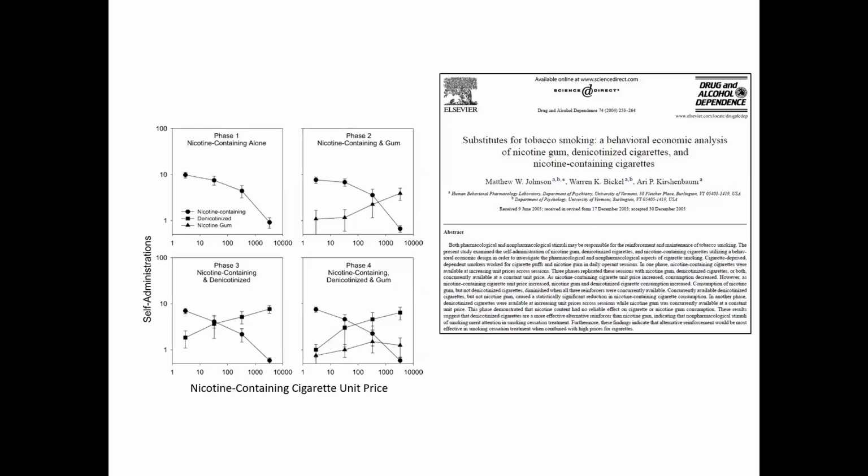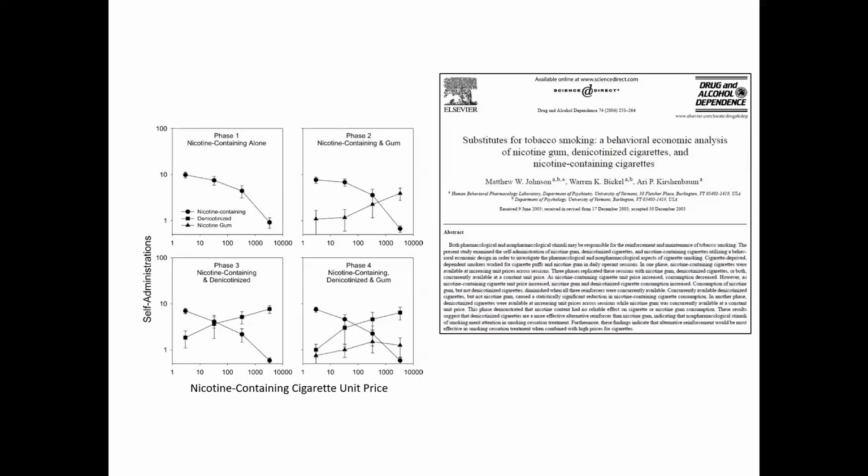regular nicotine-containing cigarettes. But then in the bottom left panel, I'm showing you another phase in which, again, we had different prices. We manipulated the price for nicotine-containing cigarettes, but we had denicotinized cigarettes available at a fixed low price throughout instead of nicotine gum. And you see there, like nicotine gum, that positive cross-price elasticity for denicotinized cigarettes, showing it to be a substitute as well.